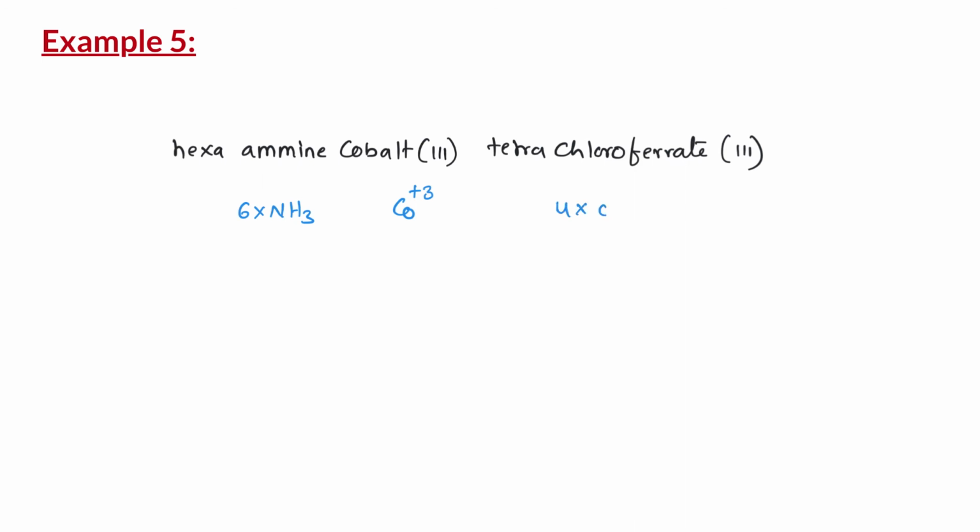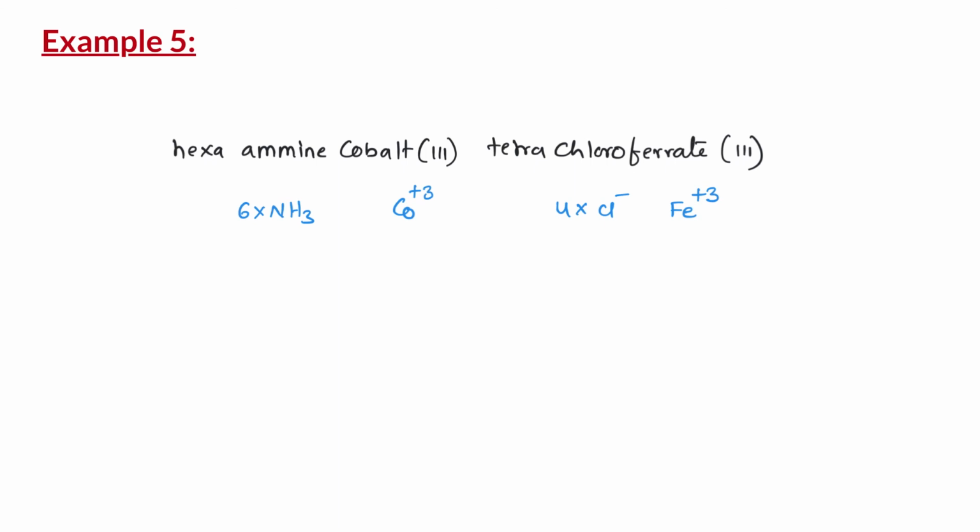Next, tetrachloro, that means 4 chloride ions, followed by ferrate(III), that is iron in its +3 oxidation number. From the name, it looks like we have 2 transition metals, that is 2 complex ions. Both the cation and the anion are complex ions.